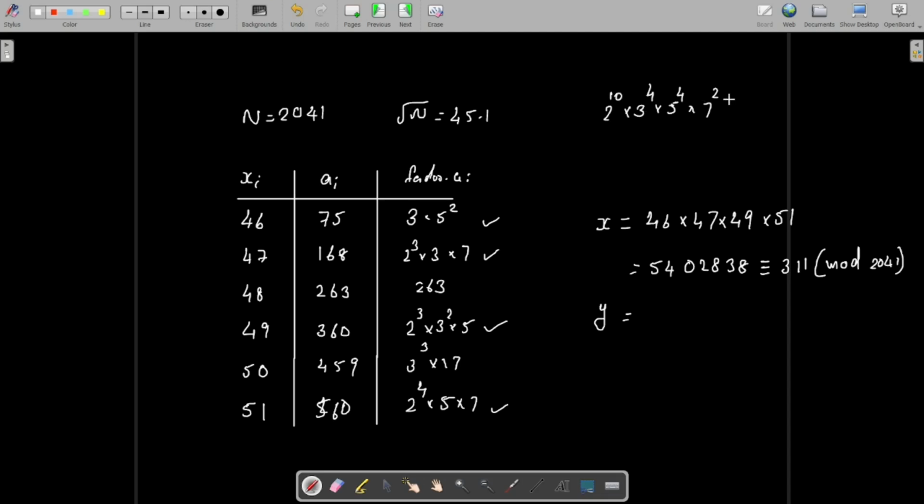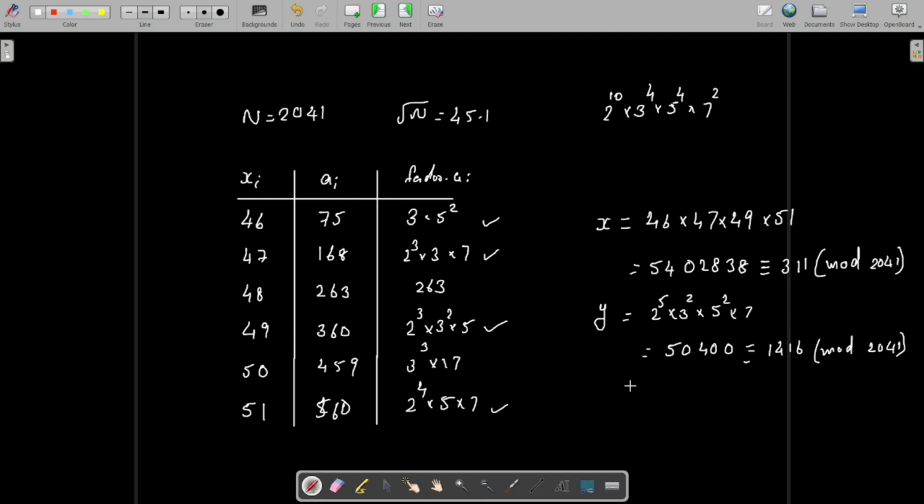So this is the product of ai's. So I have to take the square root. So I have to choose 2 raised to 5 into 3 square into 5 square into 7. The product is 50400, which is congruent to 1416 mod 2041. So these are our choice of x and y.